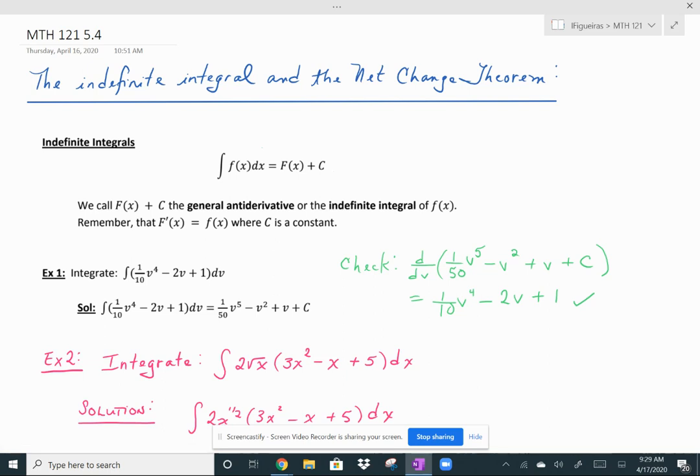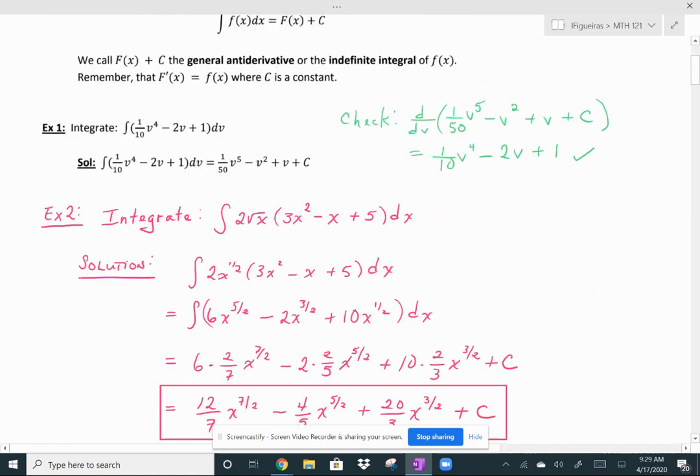Okay, so in the next example, we have to do a little bit of algebraic work before we take the antiderivative, because we have a product of 2 root x times this trinomial. So the first thing we need to do is distribute the 2 root x across those three terms. In order to do that, I first rewrote 2 root x as 2x to the 1/2, which is what you see here.